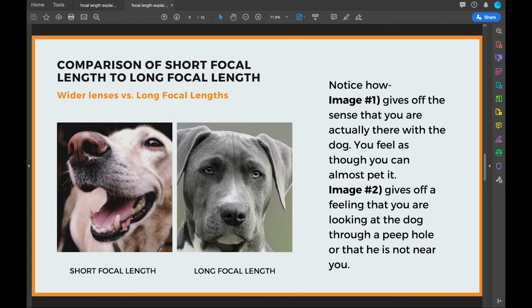Even though their snouts are close to the lens, you'll notice that on the left hand side, something that's shot with a wider angle lens or a short focal length lens, it almost feels as though you're right there. Compared to the right one, it feels like I'm almost looking at this dog through a peephole. So again, choosing the correct lens that will help tell your story will really help you out.